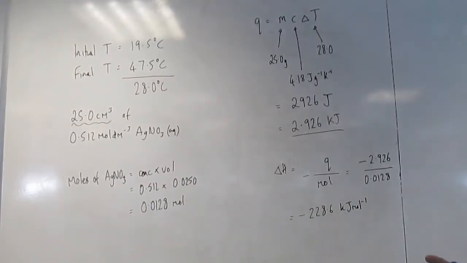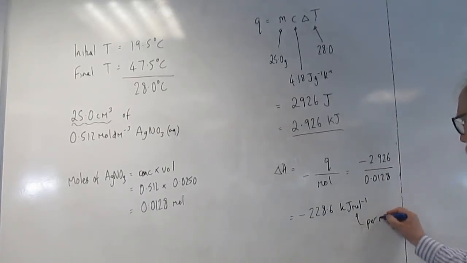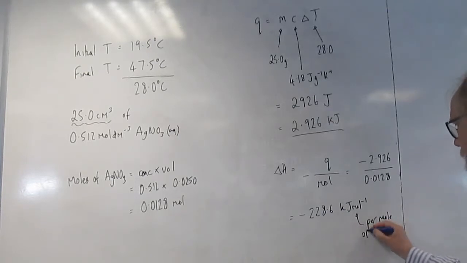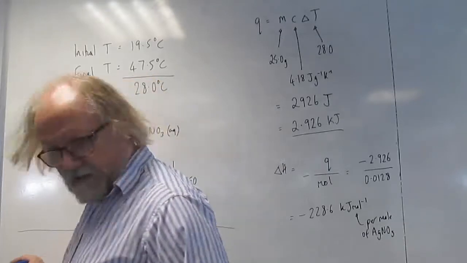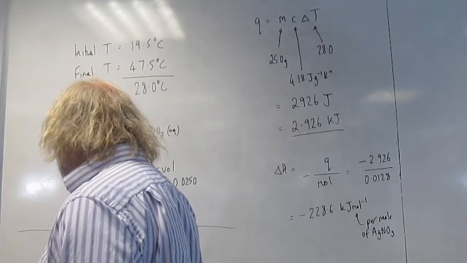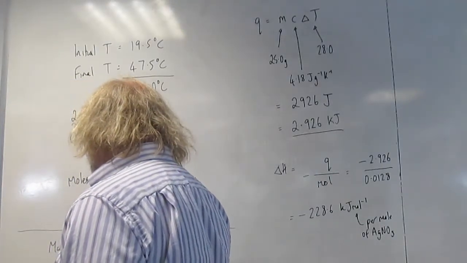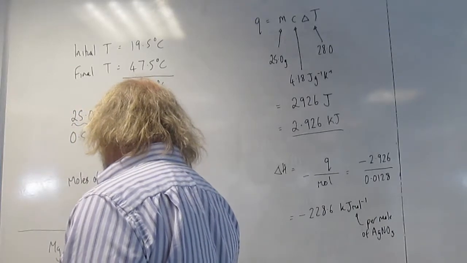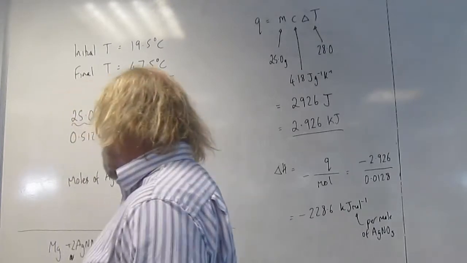But that's not quite the answer to the question, because that's per mole of silver nitrate. But if you look at the actual equation for the reaction, let's just write it down over here, it was magnesium plus 2 moles of silver nitrate gives you magnesium nitrate plus 2 moles of silver. And the important thing is that 2.